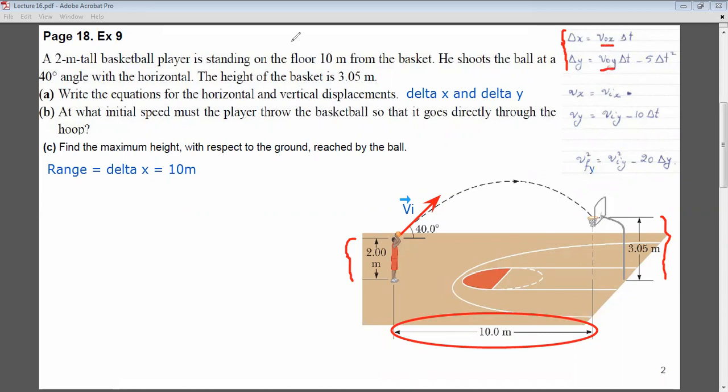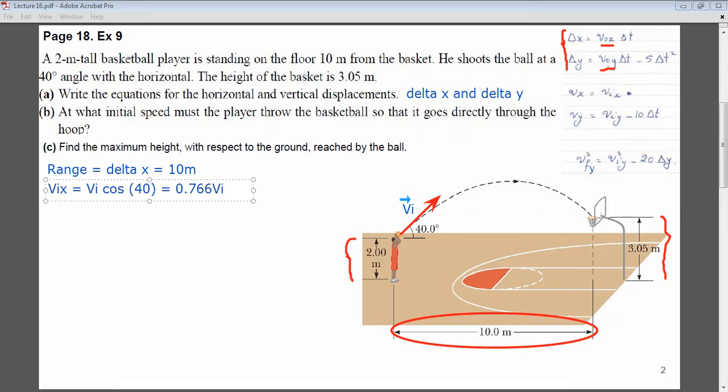Okay, can I get what is v initial x? Let's see. So v initial x is equal to v initial cosine of the angle theta, which is 40. This is equal to 0.766 v initial.